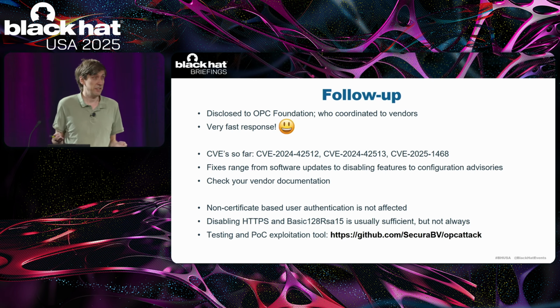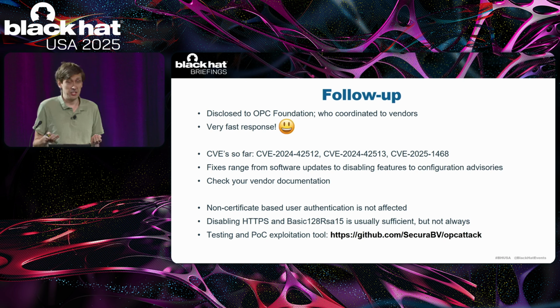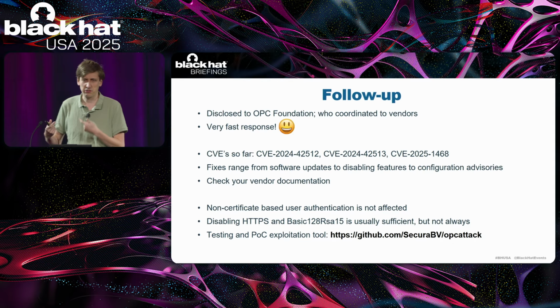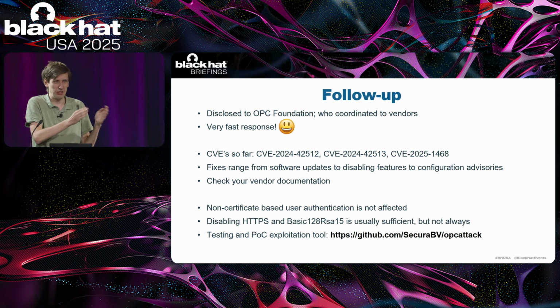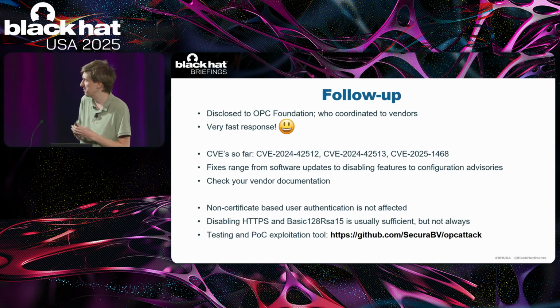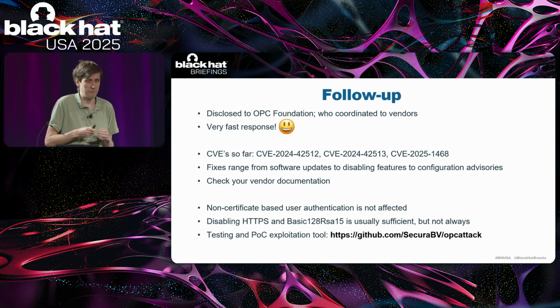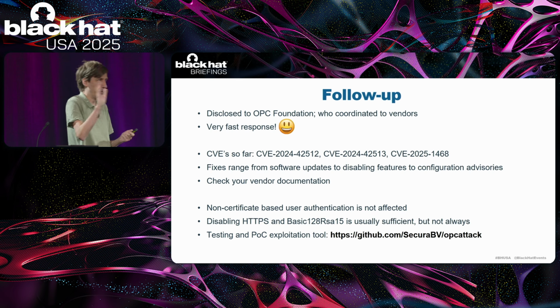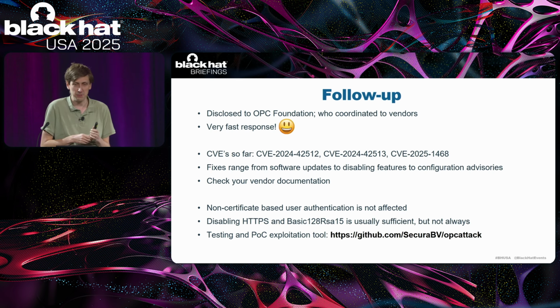A number of CVEs were issued. What can be a little bit confusing is that some vendors use their own CVE, or some use the existing CVE, but depending on the software product, they have different CVSS scores, so that's something to pay attention to. And for the types of fixes, some simply decided that nobody uses the HTTPS feature, so they're just going to completely turn it off and make it inaccessible.